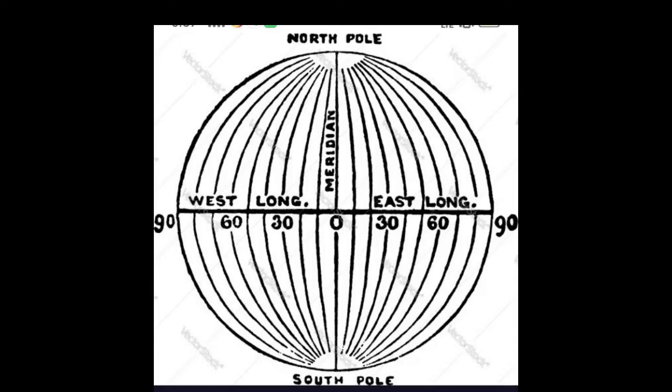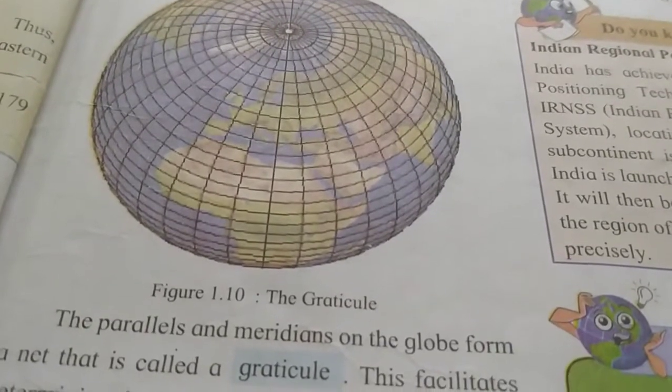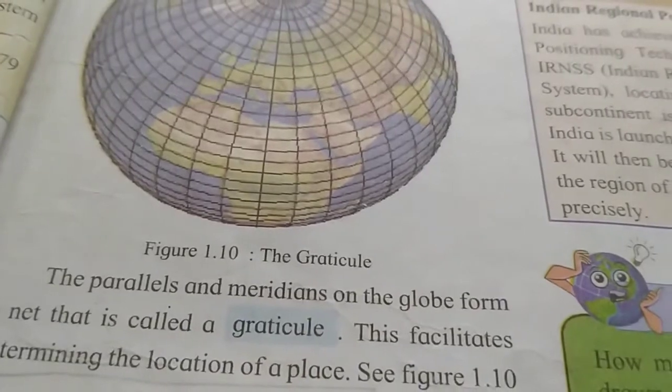Though the earth is huge in size, we can tell the exact location of places on the earth using latitude and longitude. We are going to see the difference between latitude and longitude. Very important: the distance between two parallels is the same everywhere. But the distance between two adjacent meridians is not the same everywhere.